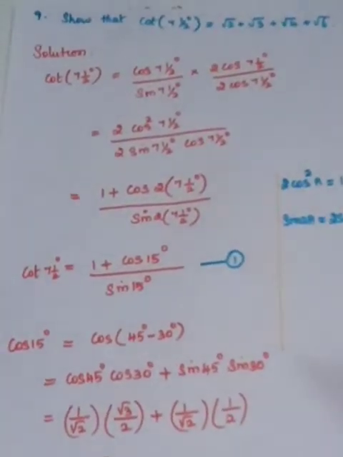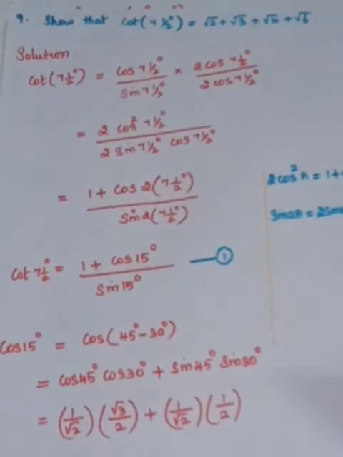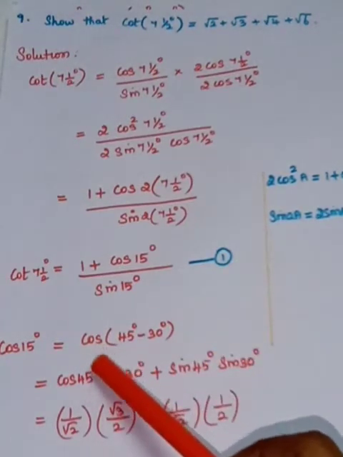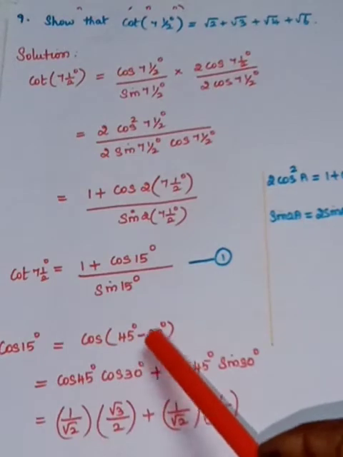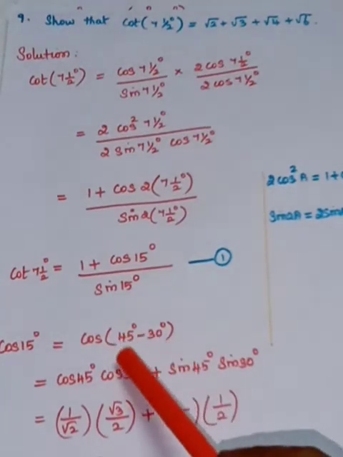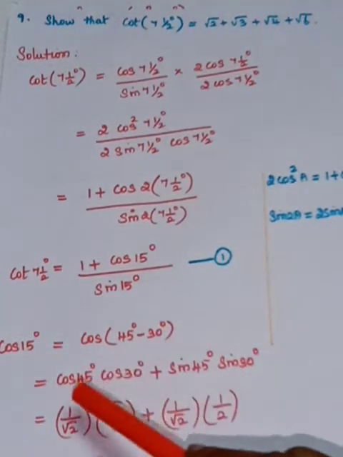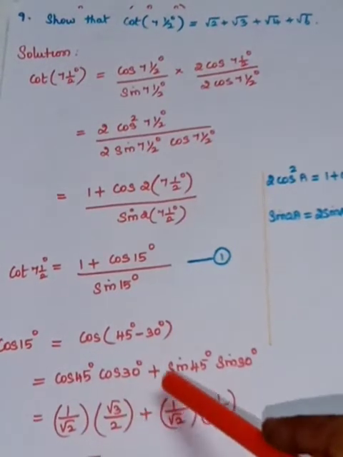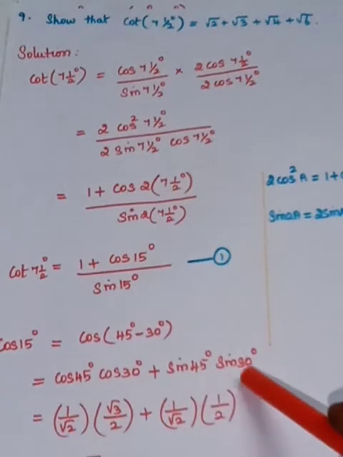Now see that cos 15 degree can be written as cos of 45 degree minus 30 degree. Use the trigonometry identity of cos alpha minus beta, which is cos alpha cos beta plus sin alpha sin beta.